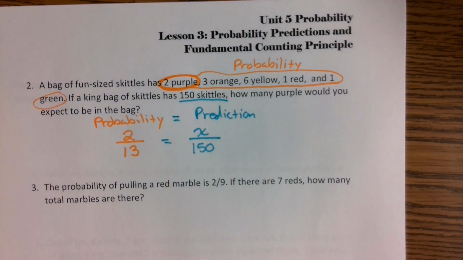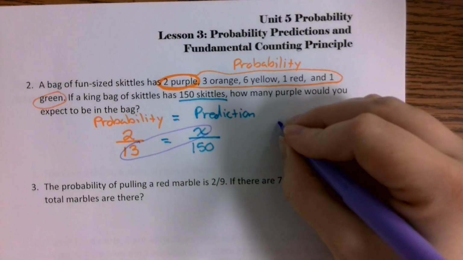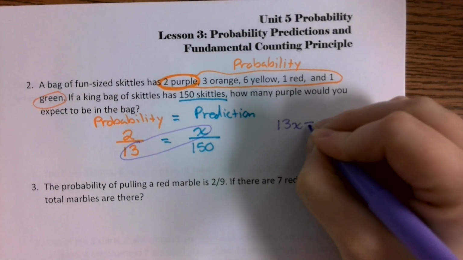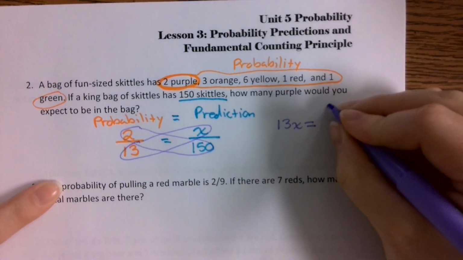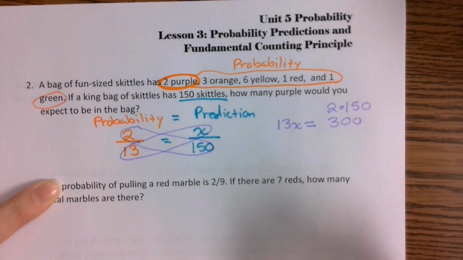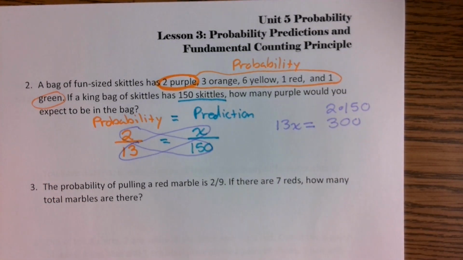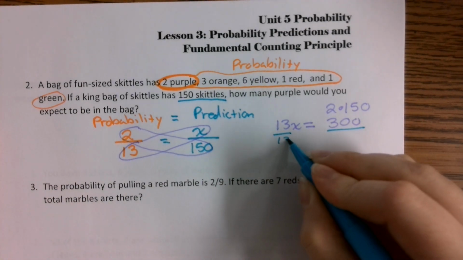All right, so then we just do our cross products. We always multiply 13 times the x, and then we're going to do 2 times 150. 2 times 150 is going to come out to 300. So you have the equation 13x is equal to 300. You just need to divide by 13.